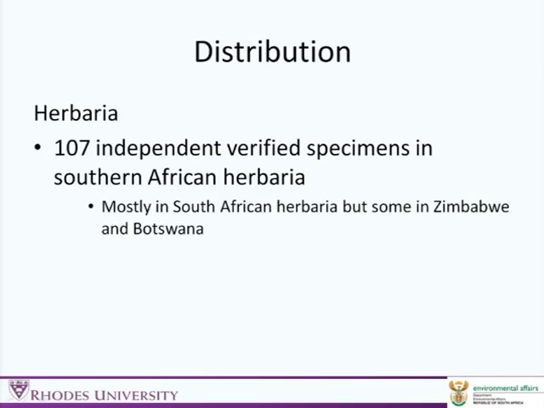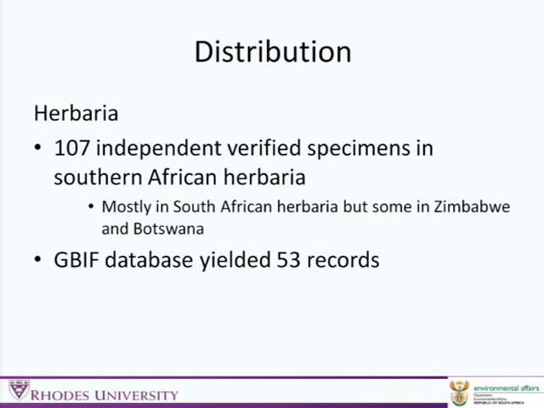So then we looked at the distribution of this plant using herbaria records to get an idea of where it is and what's happened to it since, in southern Africa. And from this we got 107 independent specimens, mostly from South African herbaria, but some in Zimbabwe as well. And then we used the GBIF database to bulk those up as well.